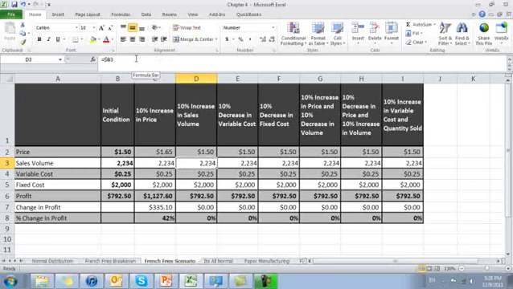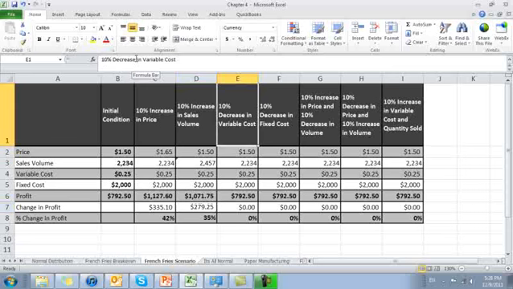Here's my sales volume. I need to multiply that by 1.1. You see now profit goes up by 35% to $279.25.